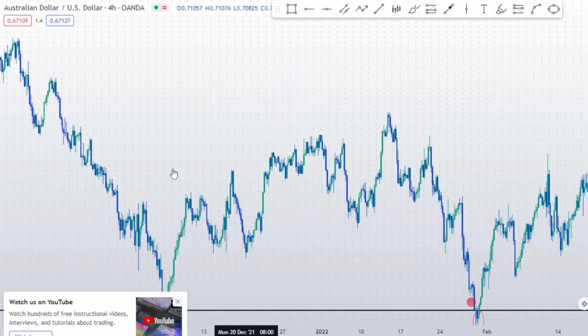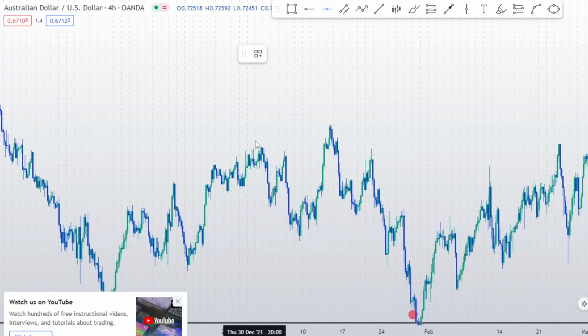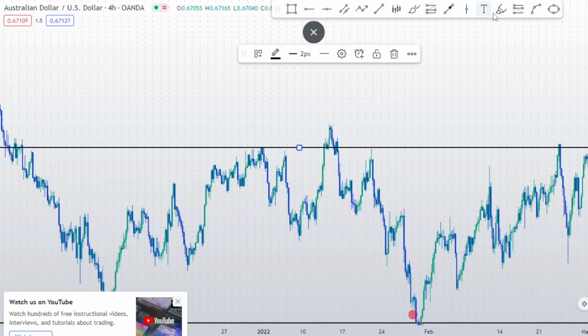Okay, let's move on to the next support and resistance. Let's look at this level here. We had our resistance here where the market turned and went down. The market went down and decided to come back to this level. But what happened when the market came back to this level?